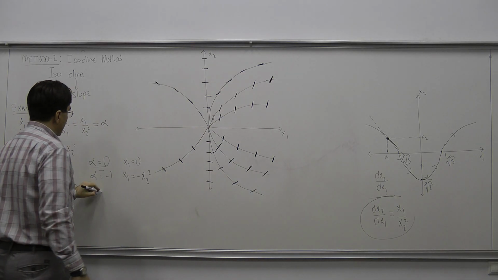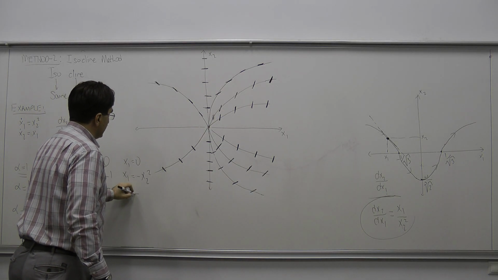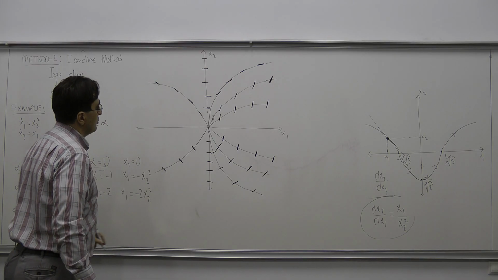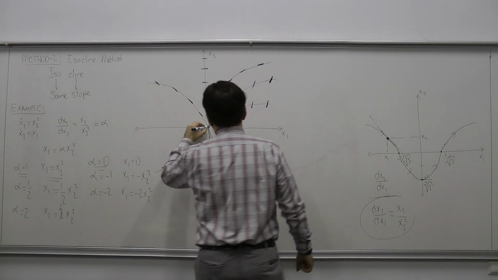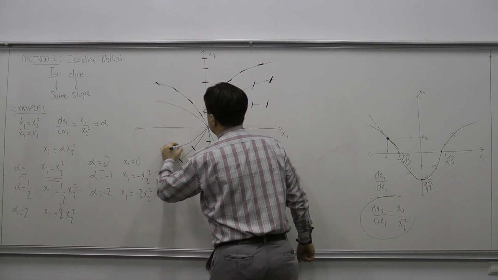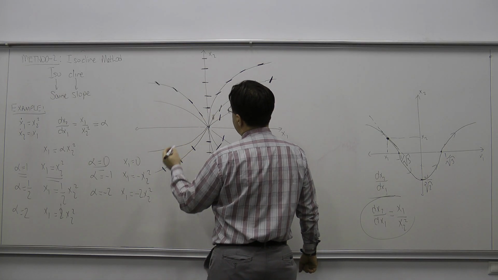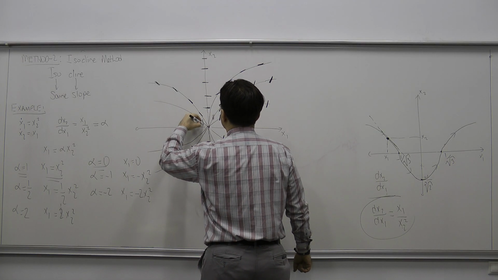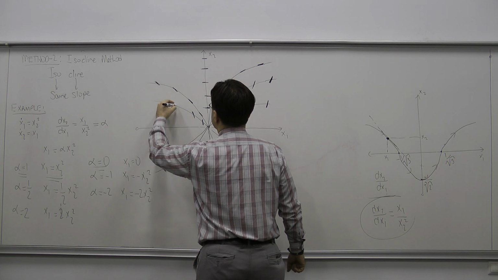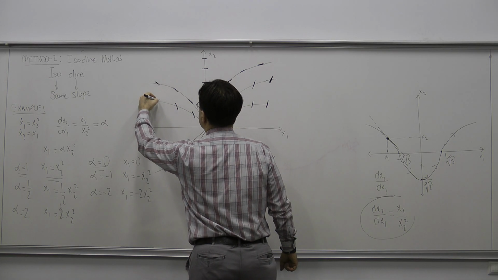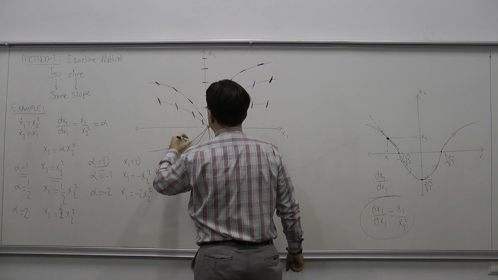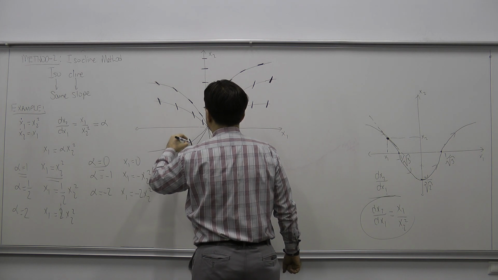And I can also try alpha equals -2, x1 is equal to -2 x2 squared. Then I would draw the innermost parabola, a replica of it, and then -2 slope is going to look like this. More vertical lines with negative slope.